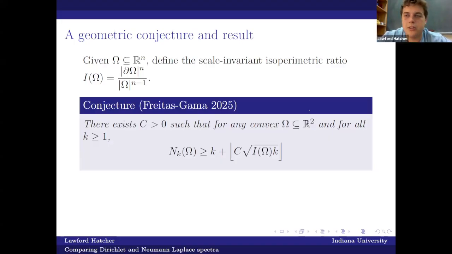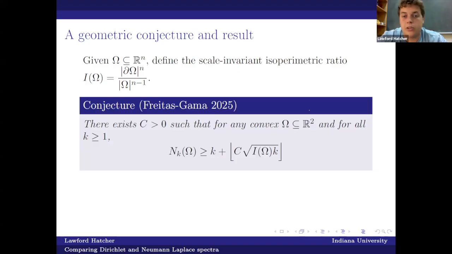And the reason that this is kind of natural, so the fact that there's a k here is kind of obvious from the earlier slides, right? We already showed that n_k of omega is at least k. So the question is, how much does it exceed k by? And if you look at domains that have two-term Weyl's laws, then you can come up with an asymptotic value of this for large k as k goes to infinity. And it's not too hard to show.